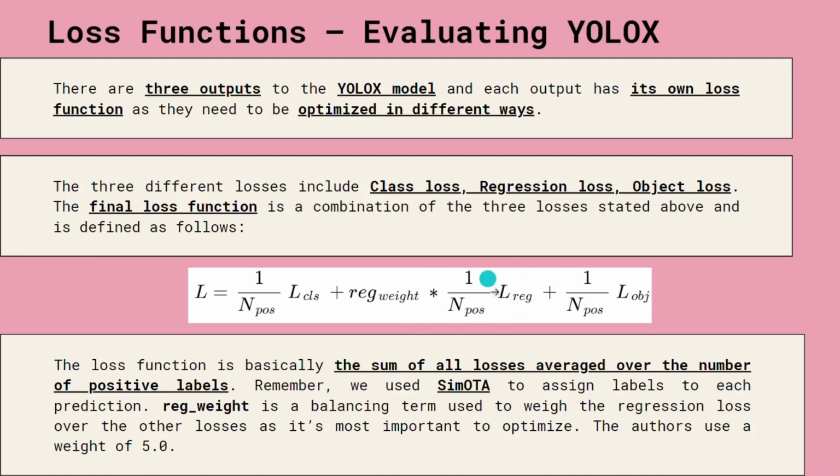Since the regressor loss is more important than the class loss and the objectness score loss, they associated a much higher weight to the regressor so that the model will learn to optimize the regressor more than the class and the objectness score, and they just used a value of 5 in case of YOLOX.